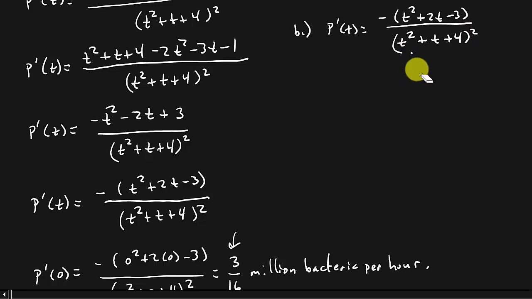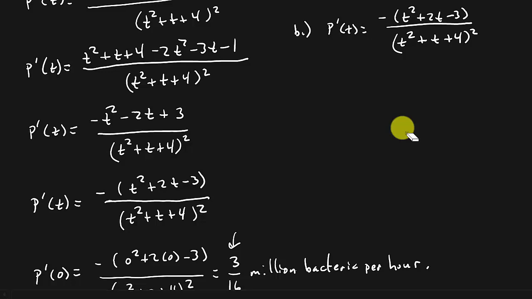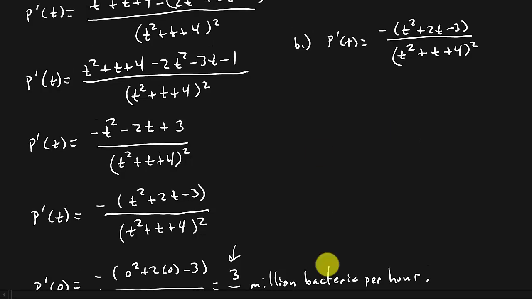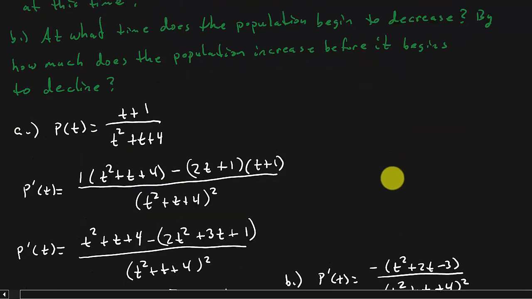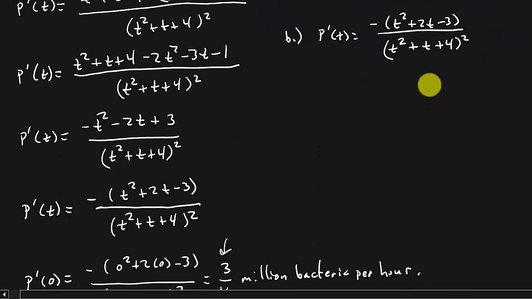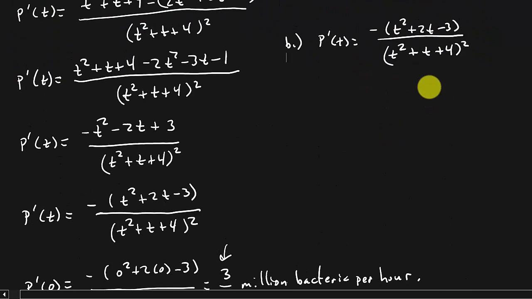So we know increasing and decreasing. See what it says here: what time does it begin to decrease, and by how much does the population increase before it begins to decline. So remember, that has to do with positive and negative with the derivative.